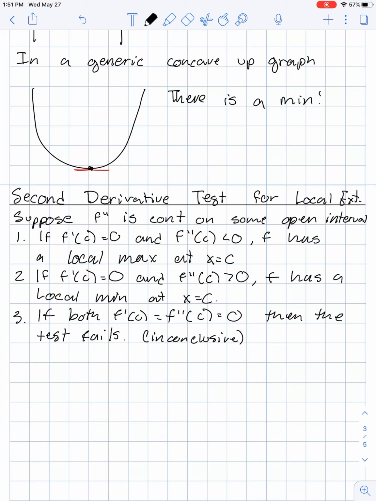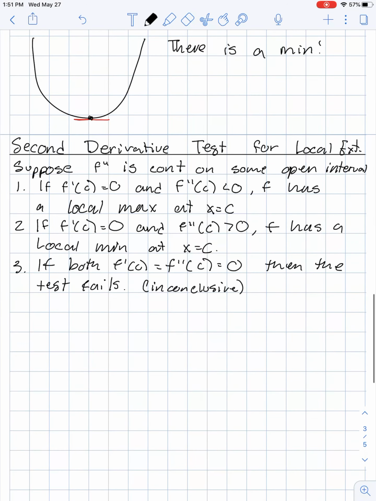Okay, so now we're going to walk through an example that has a few parts. We're given that f of x equals x to the fourth minus 4x cubed plus 10.